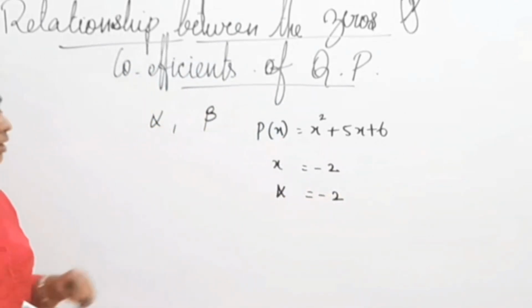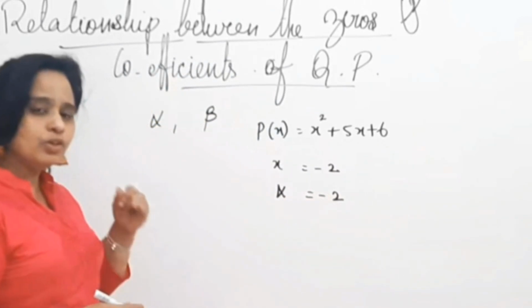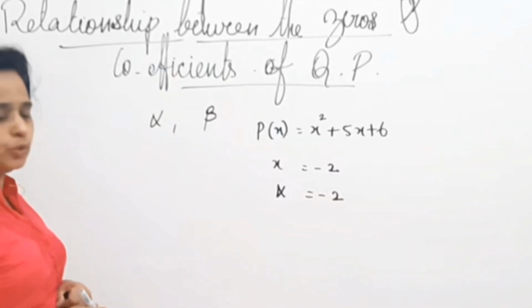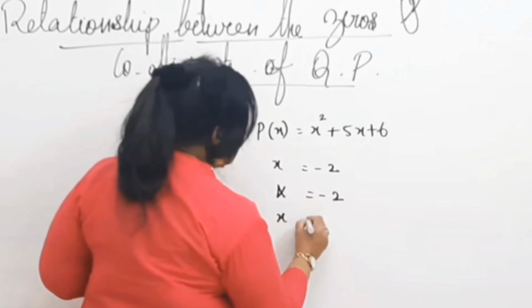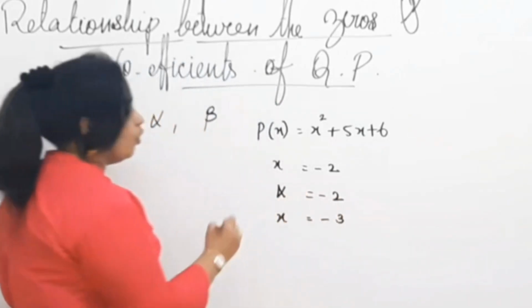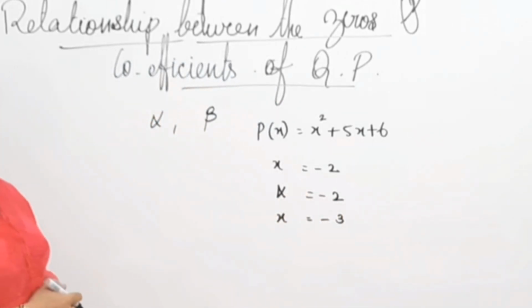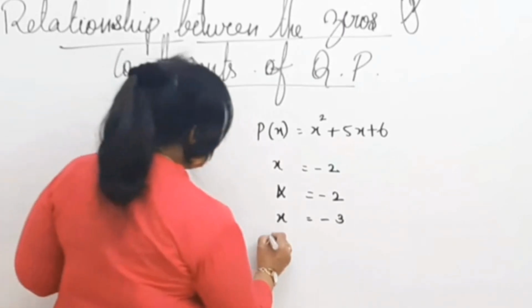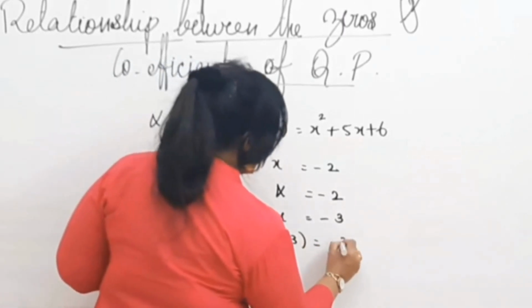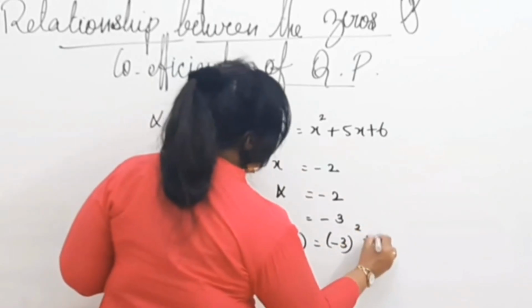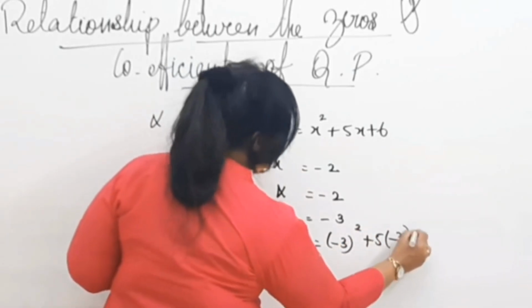So I can say alpha is equal to minus 2. That's one zero, I got it. And I told you there will be a maximum of 2. So what would be the next number? I would get x is equal to minus 3; this will also become 0. So, p of minus 3, you just put it: minus 3 the whole square plus 5 into minus 3 plus 6.